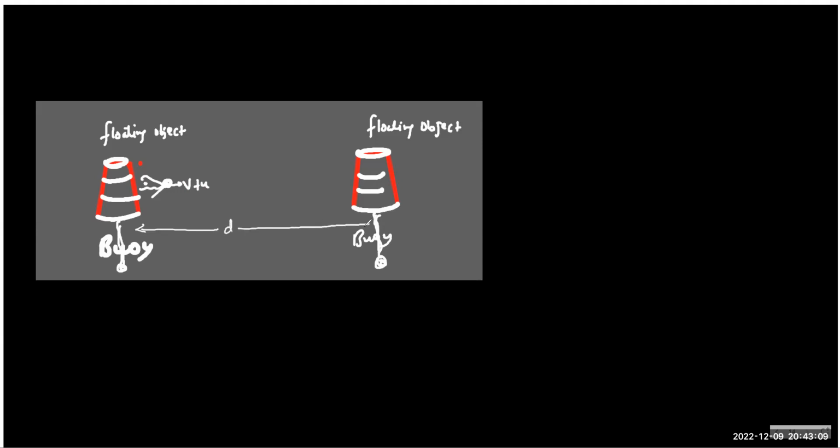So he goes from A to B and then returns back. But while coming back, what will be its velocity? Because the river is going this way.